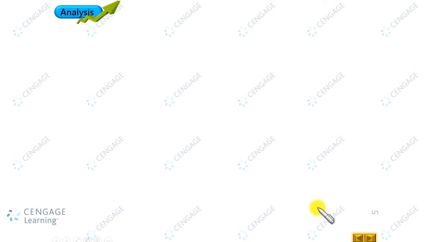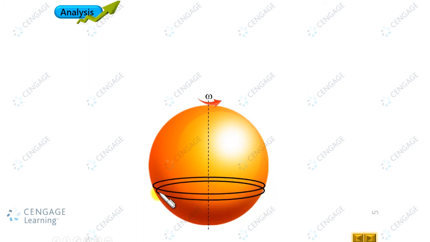So let us consider this is a spherical shell, and let us take one sample elemental ring at the surface. This is the ring. Let us define the angular position of this ring. Center is here. So join the center to this ring. This angle is theta.